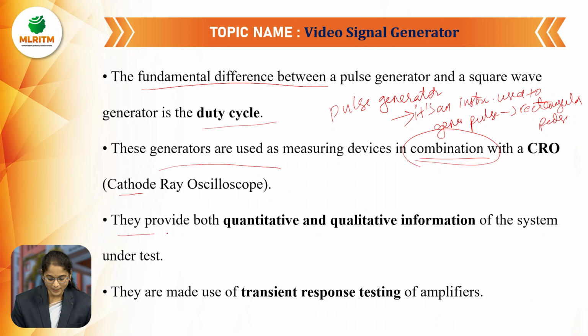This can provide both qualitative and quantitative information of the system under test. They are also made use of for transient response testing of amplifiers. This is the pulse and square wave generator.